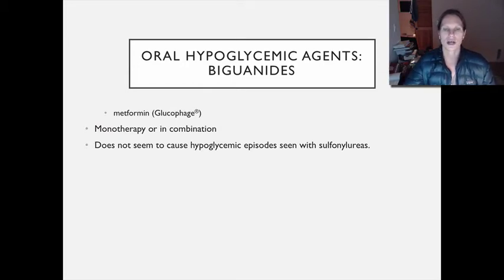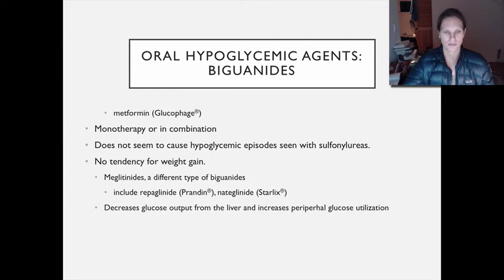They don't seem to cause as many hypoglycemic episodes as we see with sulfonylureas, which is why we start with the biguanides. They also have a lower tendency for weight gain, maybe a little bit, but not like the sulfonylureas. There's a different type of biguanide. The meglitinides are examples of a different type. These drugs decrease the glucose output from the liver and increase the peripheral utilization of glucose.